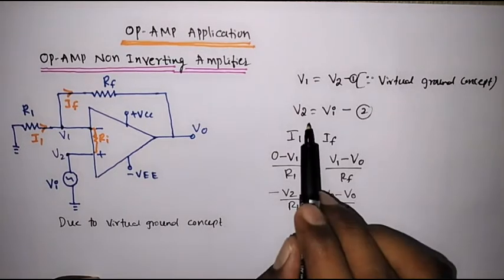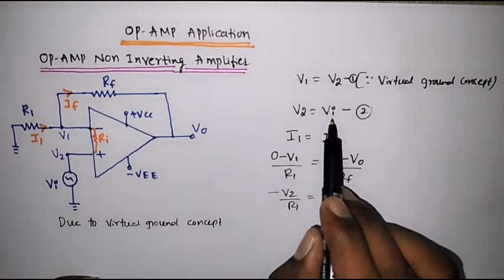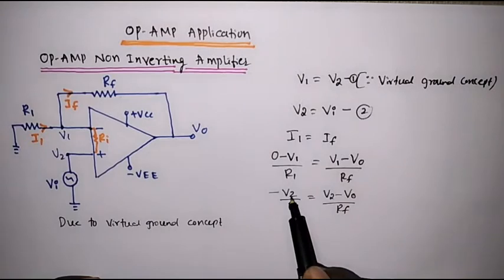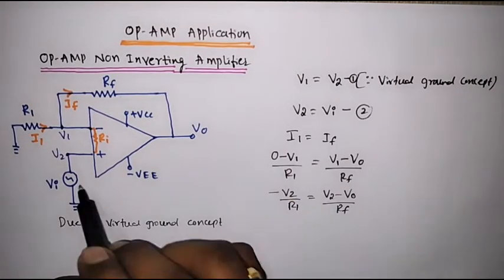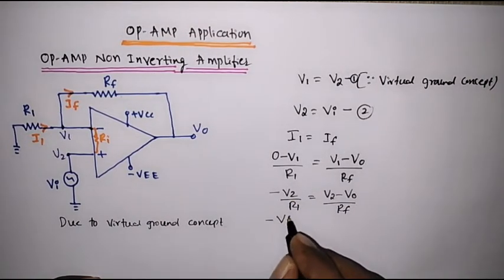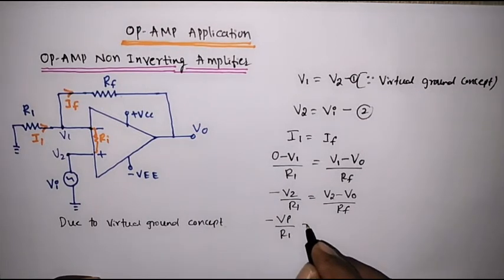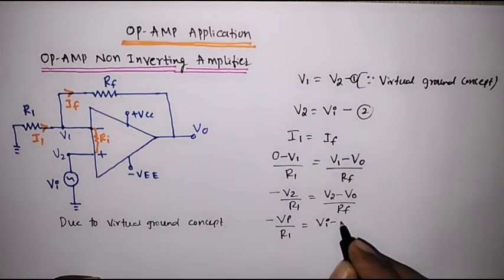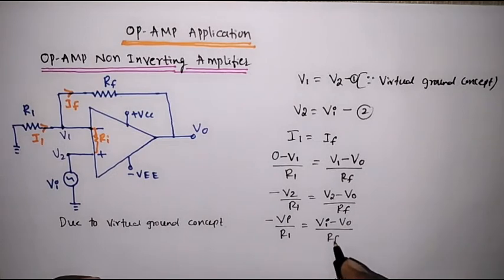Now we also know that from equation 2, V2 is nothing but the input voltage Vi. Now I will replace V2 by the input voltage Vi. That is, minus Vi divided by R1 is equal to Vi minus VO divided by RF.